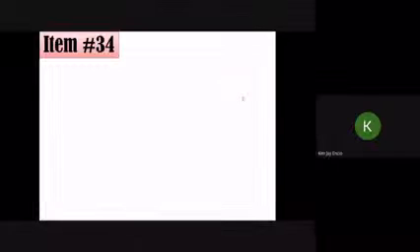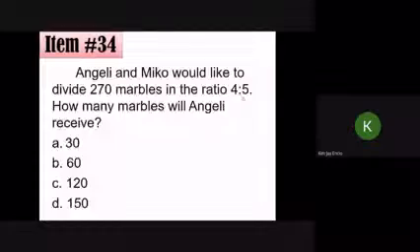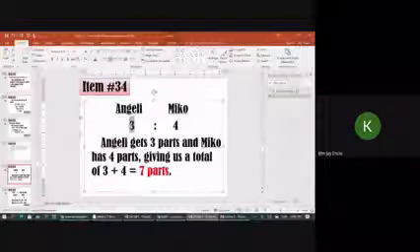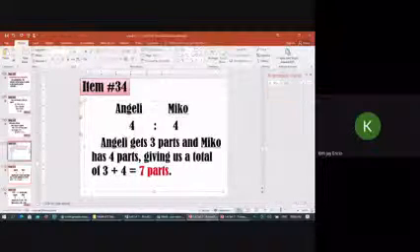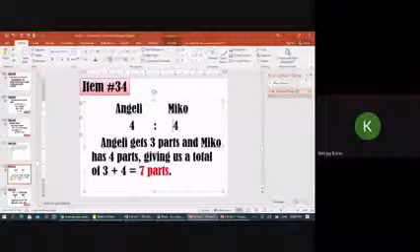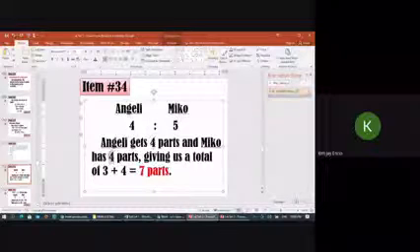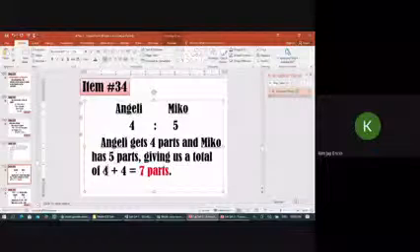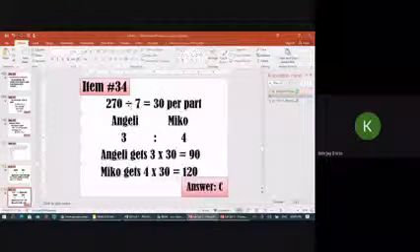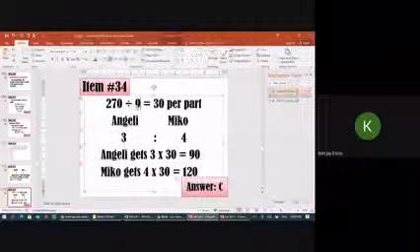Sorry, what I mean to say is, I think I made a mistake again. So this is 4 parts for Angeli and 5 parts for Miko. Okay, so I'll just correct it here. So 4, 5. And the total number of parts is, of course, 9. Let me correct this one.